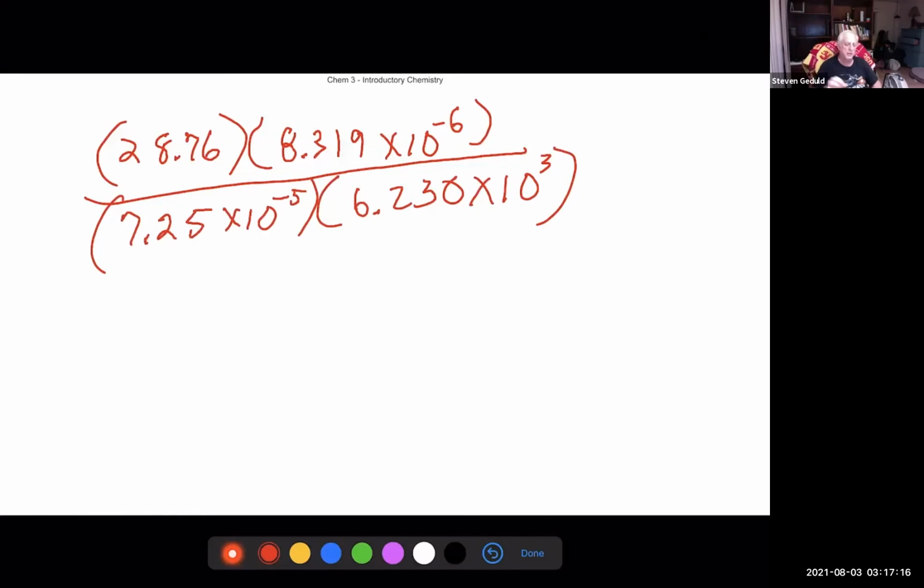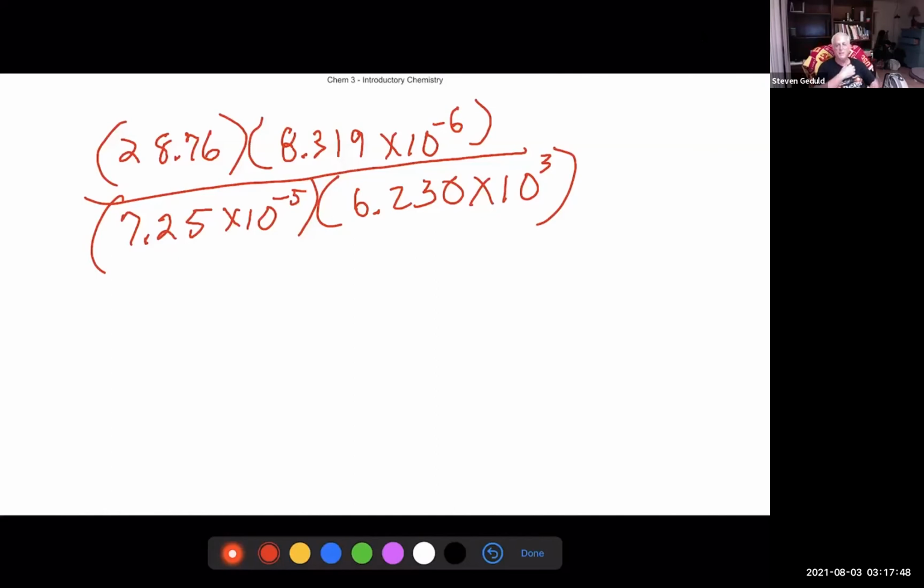Just do your integers first, then worry about your powers of 10 after that, your exponents. So for the top, you have 28.76 times 8.319 divided by 7.25 divided by 6.23.